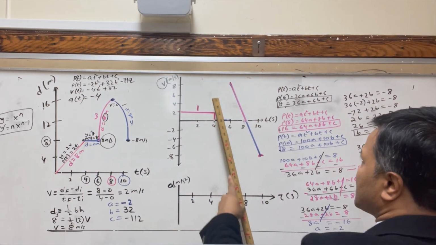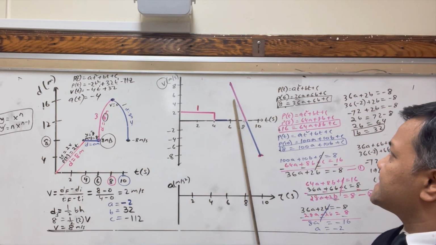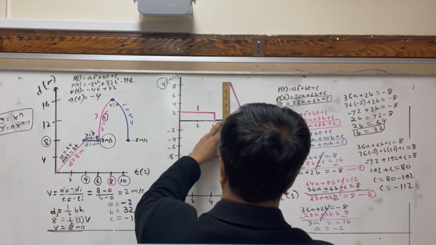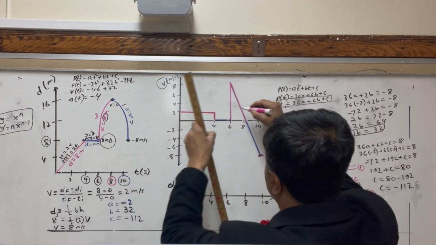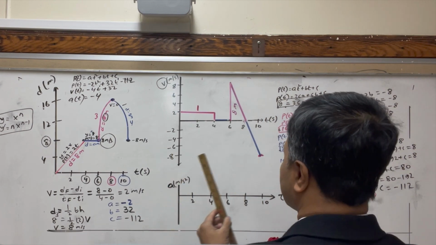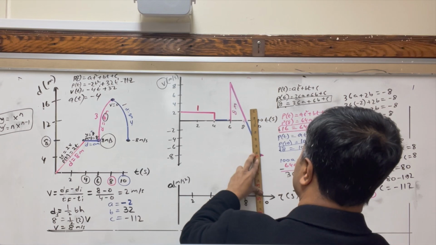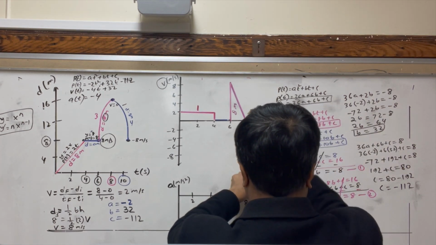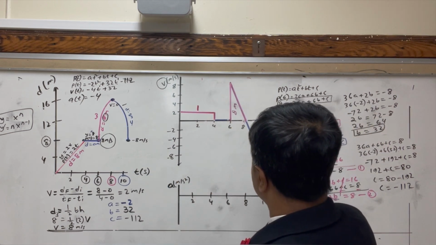Now we're going to make it a triangle because we have to show that this area is 8 meters. So this area is 8 meters. And we also have to show that this area is 8 meters, the absolute value of this area. This is negative 8 meters.